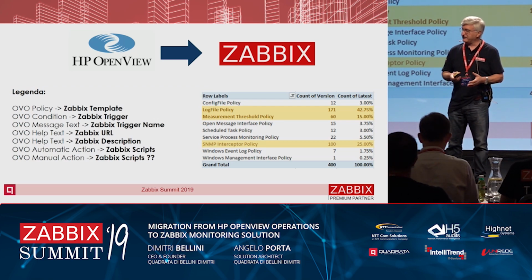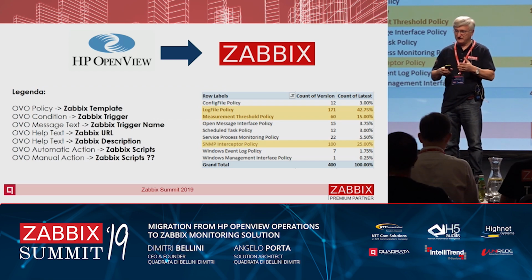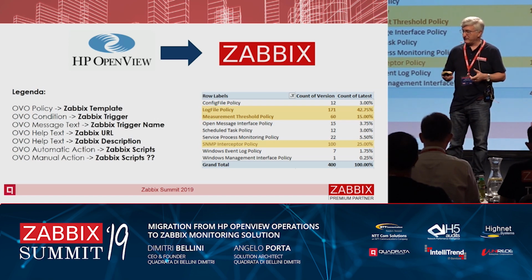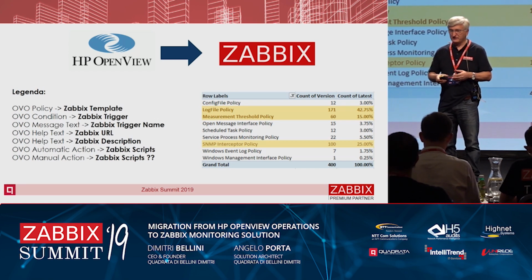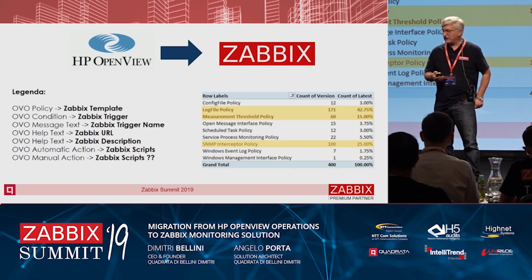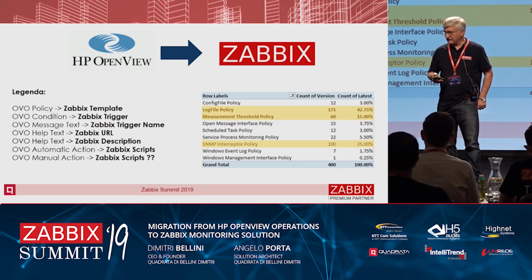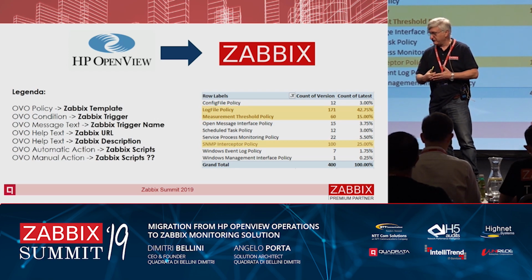The message text is the trigger name in Zabbix. The help text could be a URL or a Zabbix description. The automatic action is the Zabbix script that is automatically handled by Zabbix in an escalation process. The manual action has no direct comparison.